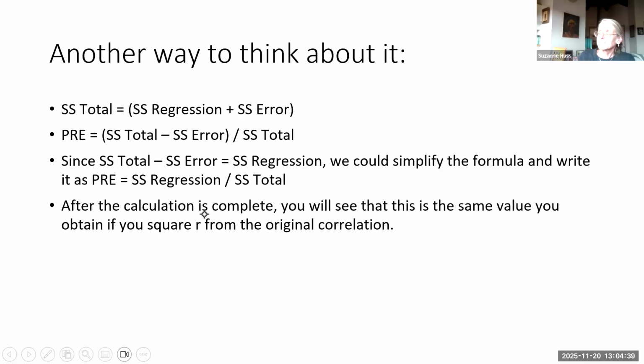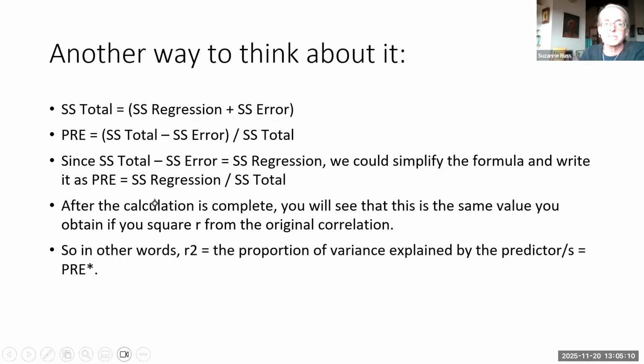And once we do our calculations, we're going to see a few things. One thing we're going to see is that when we do all that calculating, we're going to get R squared from our original correlation. That's what this is going to come to, R squared. I told you in our last class that R squared is how much of the variance in Y is explained by X. Well, R squared is the same thing as this calculation, and we'll see this in a moment.